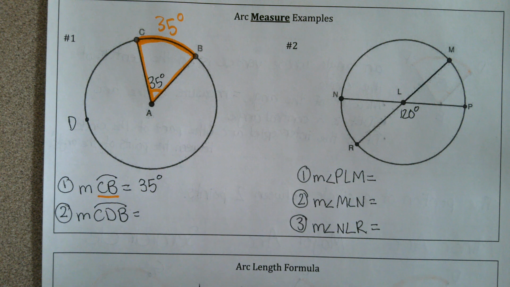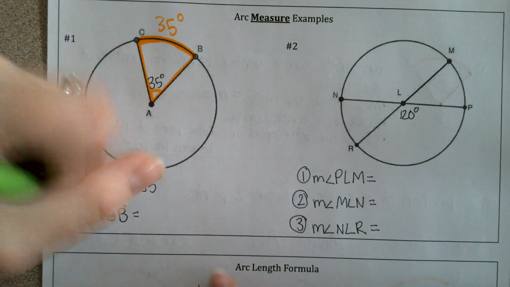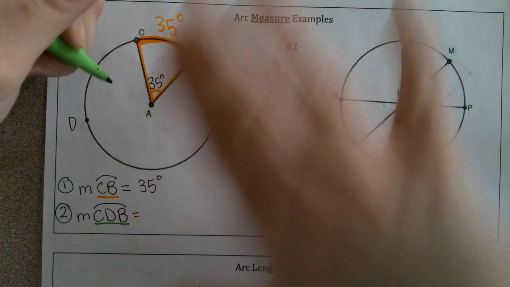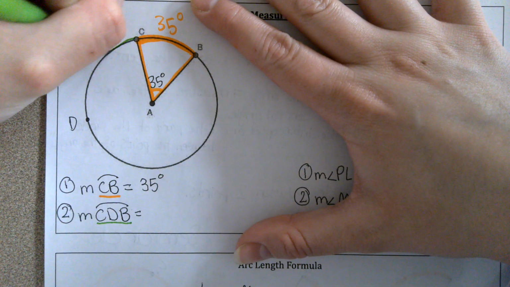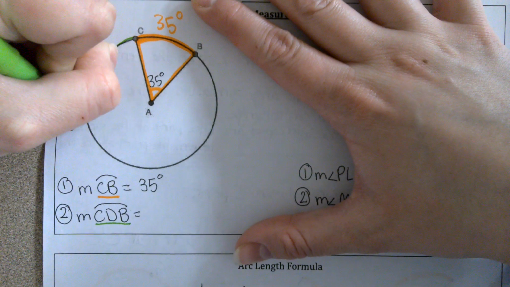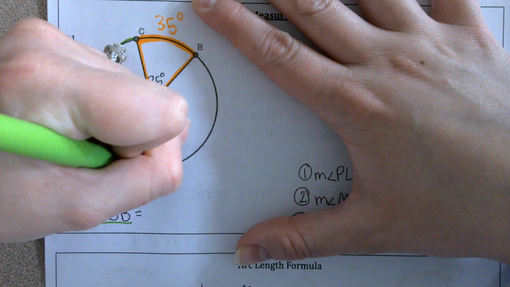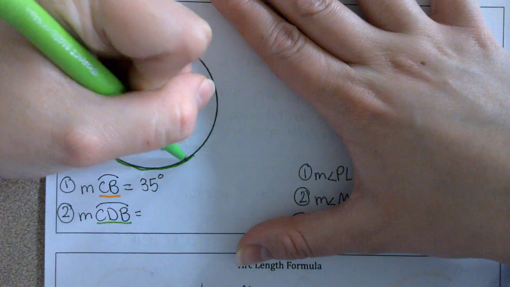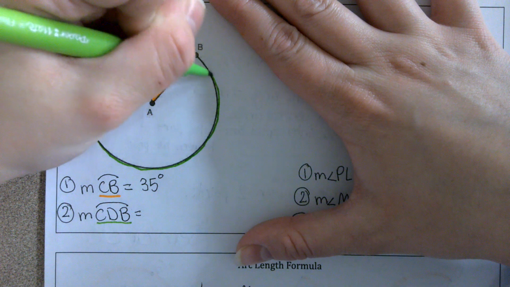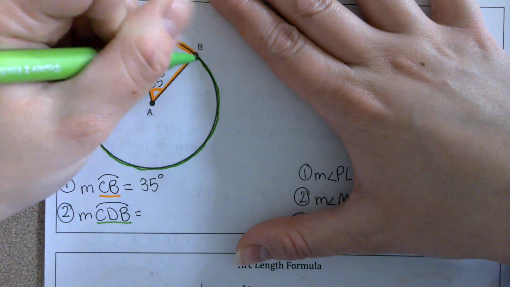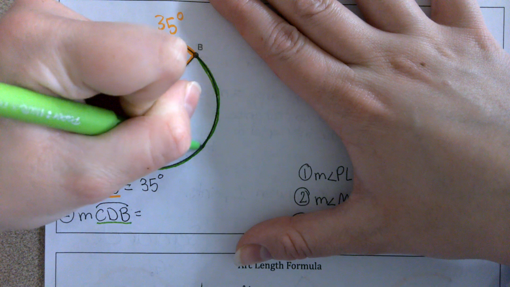Now let's switch gears and find the measure of arc CDB. So if I follow the arc C to D, and D to B. When you're marking this up, coloring over it, you're just following the letters. That's all you're doing.